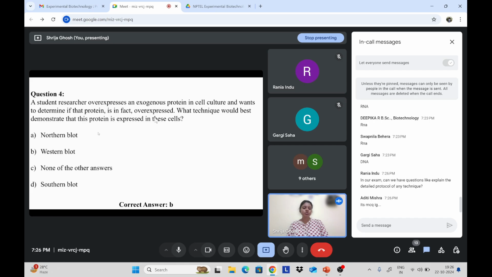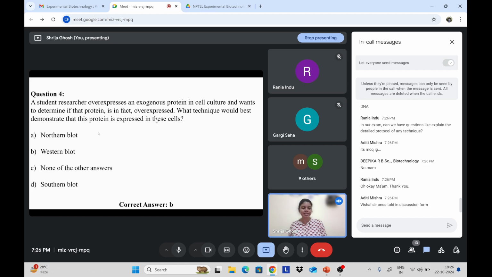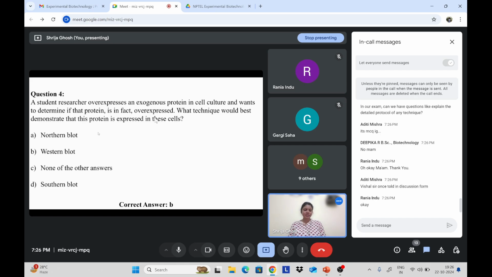As far as I'm guessing, it should be MCQ, but I really don't know the exam pattern of this. Okay, sir told you that it's MCQ, then it should be MCQ.